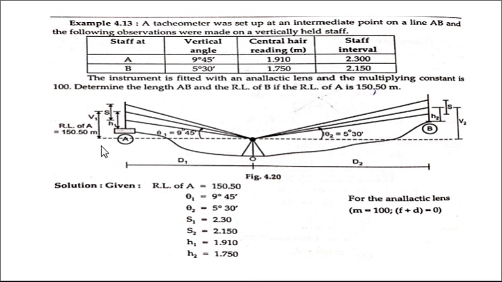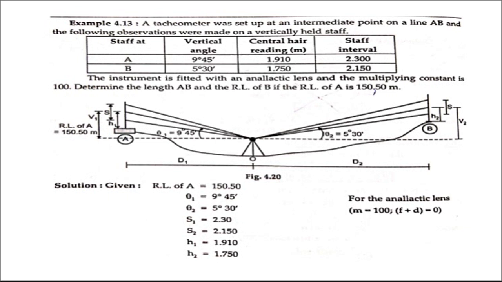See again, RL of this point is known. This value we have calculated; H value is known, reading from the central hair up to this. Okay, so this minus this.